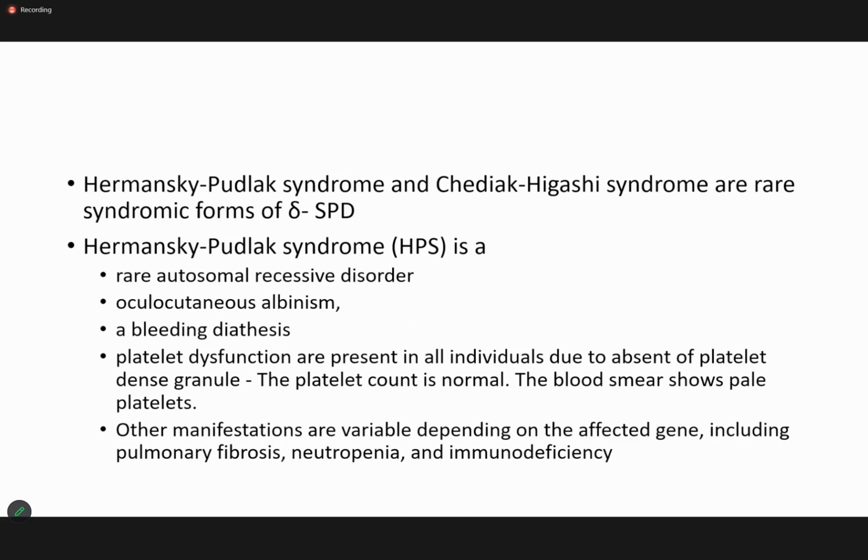Platelet dysfunction is present in all individuals due to absence of platelet dense granules, even though the platelet count is normal, and the blood smear usually shows pale platelets. They can also have pulmonary fibrosis, neutropenia, and immunodeficiency depending on the affected genes.